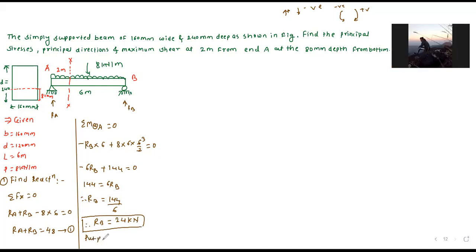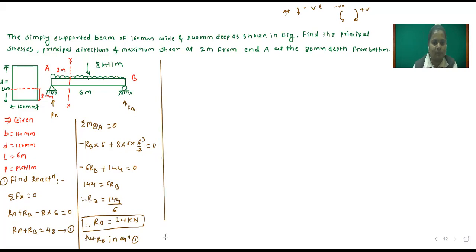Once you get RB, then for RA we put RB in equation 1. What is our equation 1? RA plus RB is equal to 48.